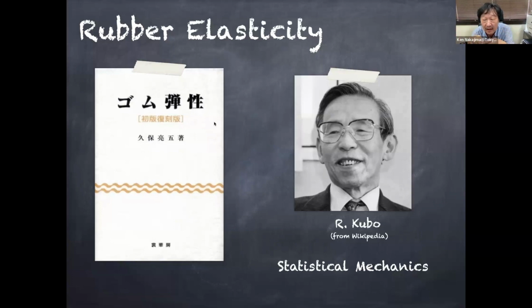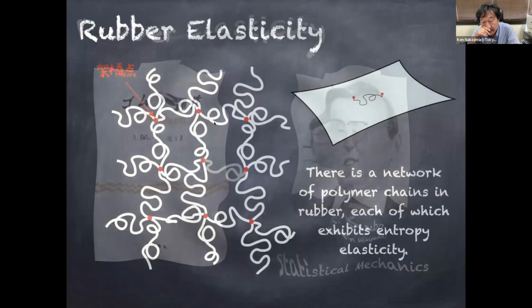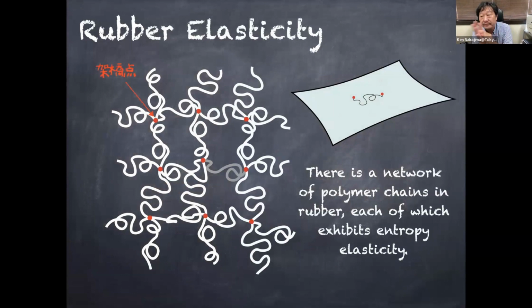That's the reason why I'm also doing research on rubbers. Because it would take a long time to discuss such a bridge between nanoscopic and macroscopic, I will not go into the detail of this discussion.